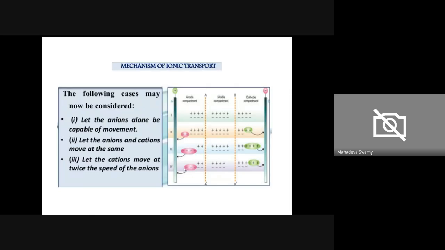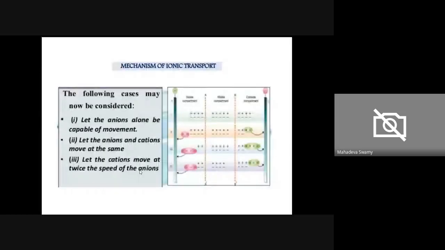This is the mechanism of transport. Transport means the movement or mobility of the ions taking place in the solution.